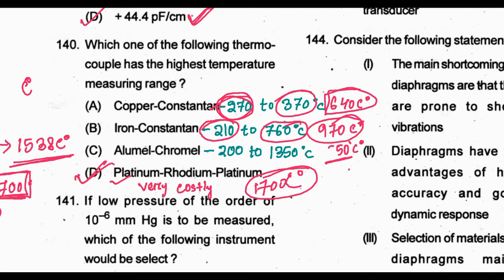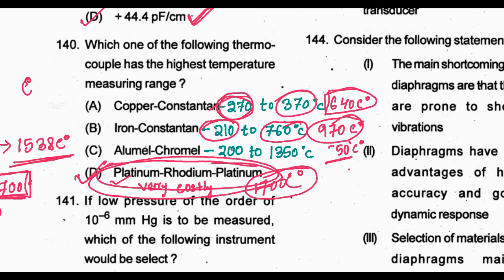Because rhodium is a rare earth element, and platinum is also costly, more costly than gold. I have also used platinum, and platinum is more costly than gold, and rhodium is also a rare earth element. That is why this thermocouple is not very popular.